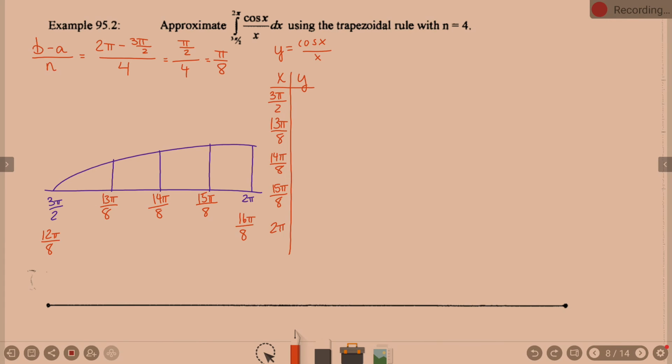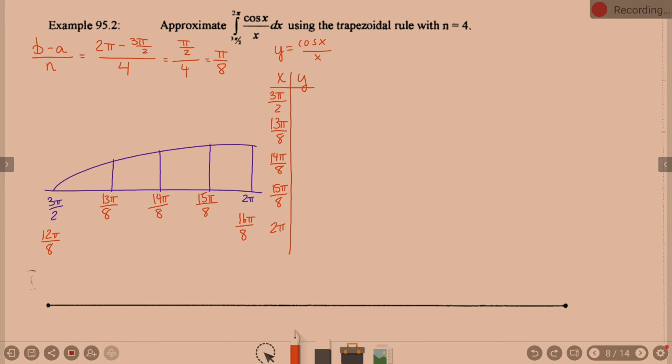Now, some of these you could do by hand. You technically could do the cosine of 3 pi over 2 divided by 3 pi over 2. What is the cosine at 3 pi over 2? Quadrantal angles, if you please.